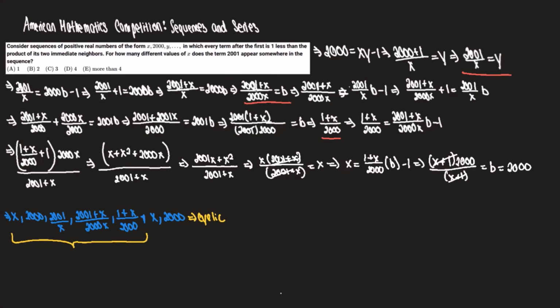And doing so, which I'm not going to do, you get four terms that contain 2001. That's it for today's problem solving series.